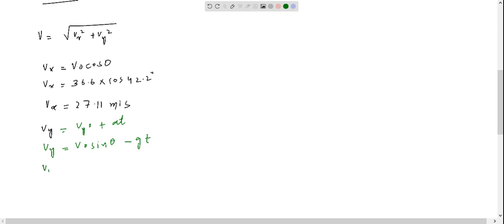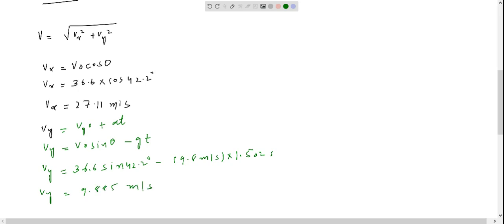So putting the values in this equation, we get 36.6 into sine 42.2 degrees minus 9.8 meters per second multiplied by 1.502 seconds. So therefore Vy is equal to 9.885 meters per second.